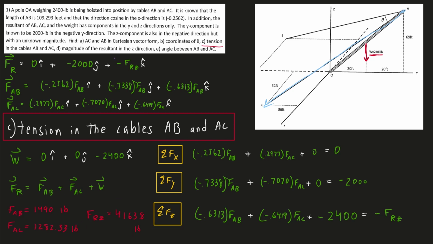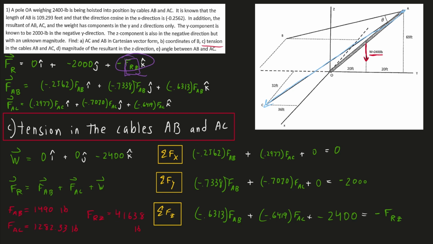It just means that the assumption we made in the beginning was correct. And that assumption was that that z component was in the negative z direction, which wasn't really an assumption. We were told that, but I just like saying this. Also, you can just say that FRZ, just this little FRZ symbol right here, is that 4163.8 number. And altogether, it's negative 4163.8.